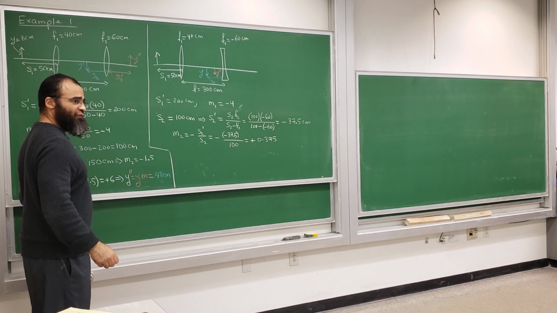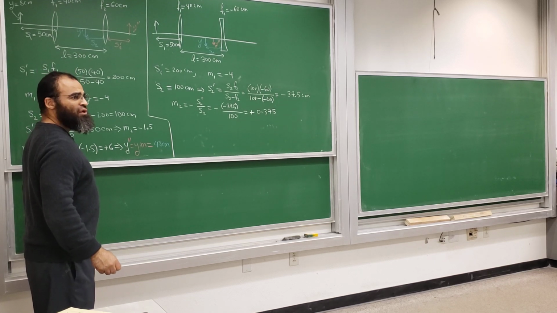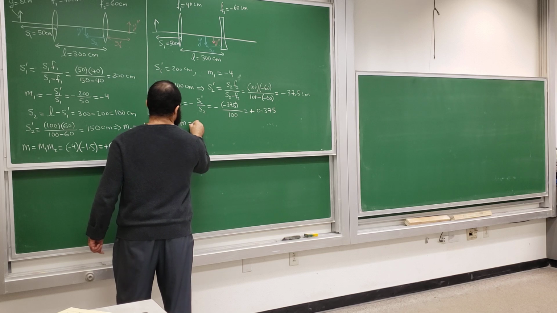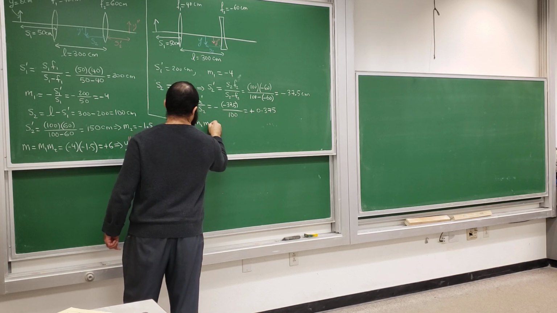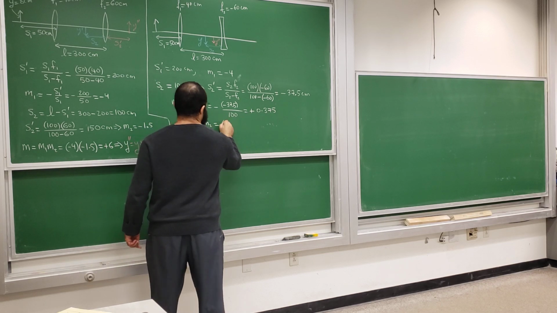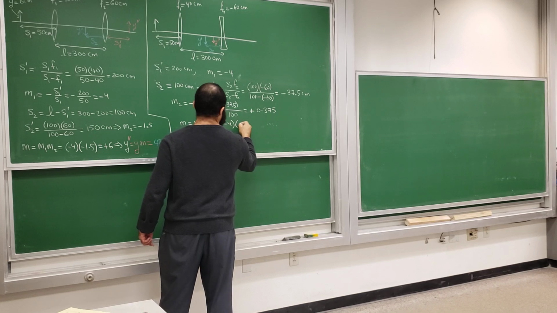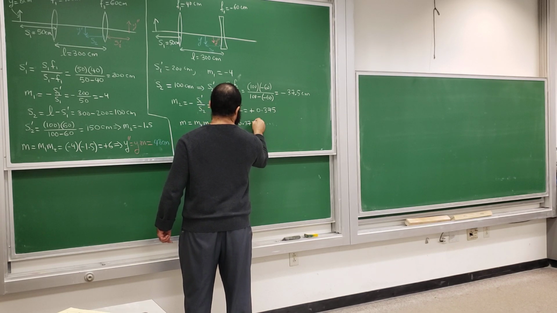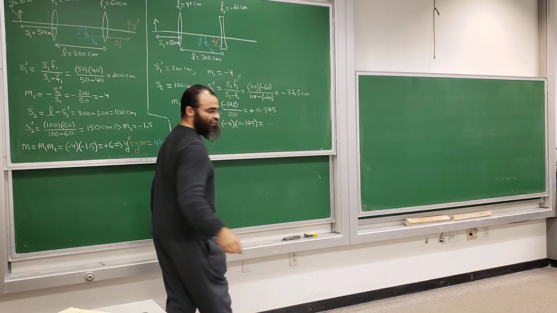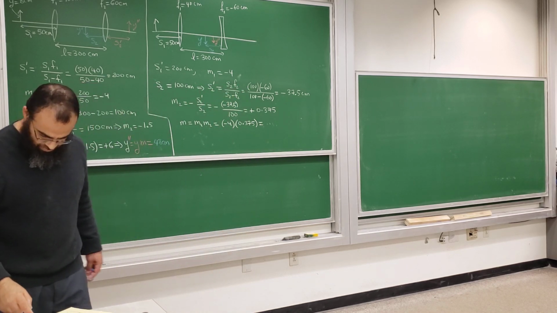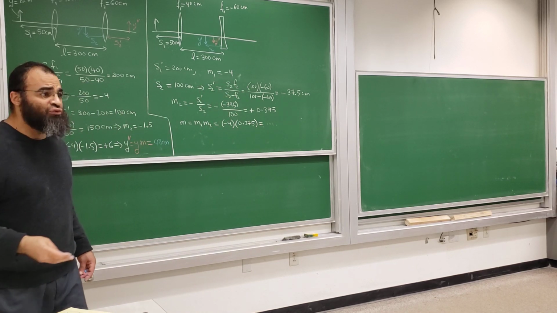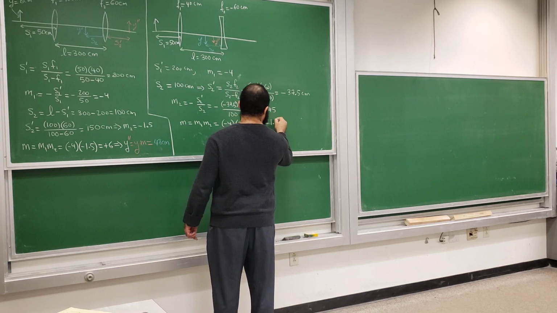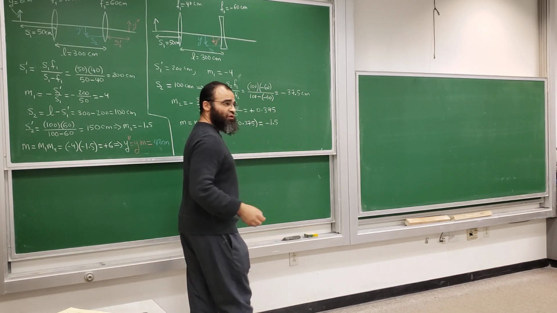So what is the overall magnification? It's going to be M1 times M2, and that's minus 4 times 0.375. I have minus 1.5 for the total magnification.